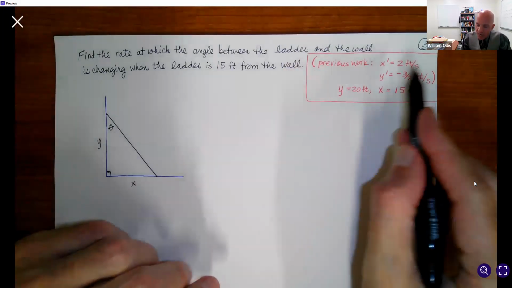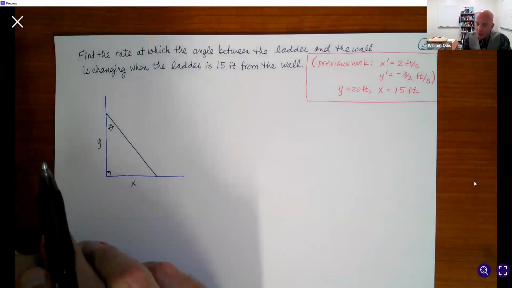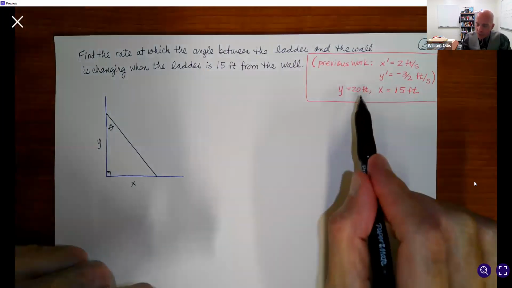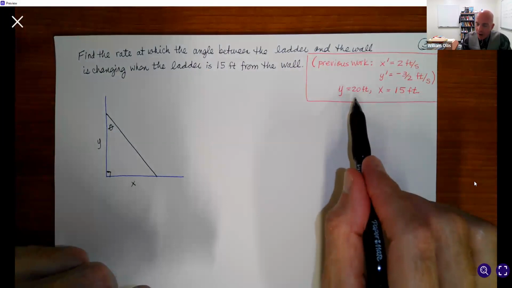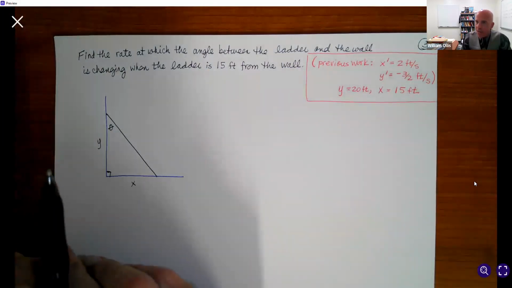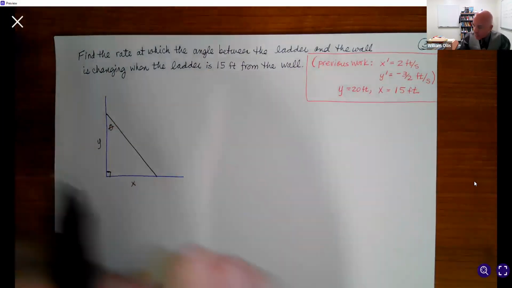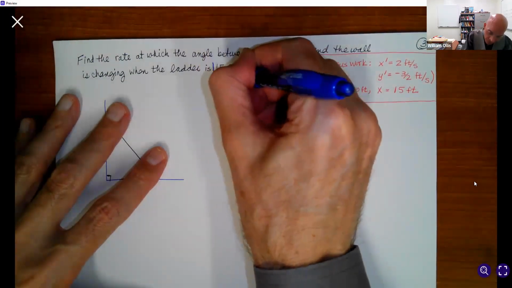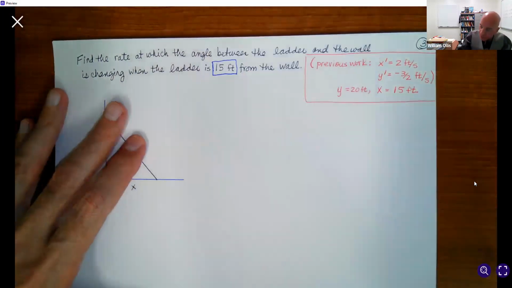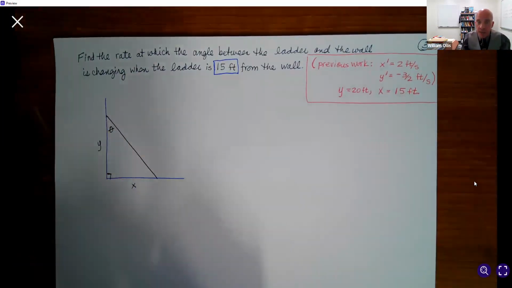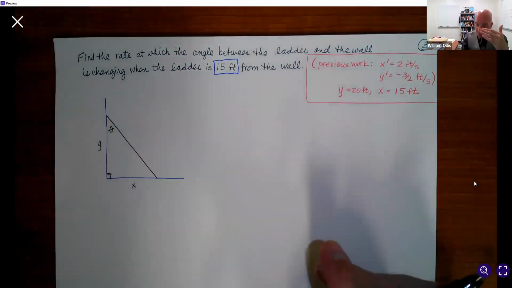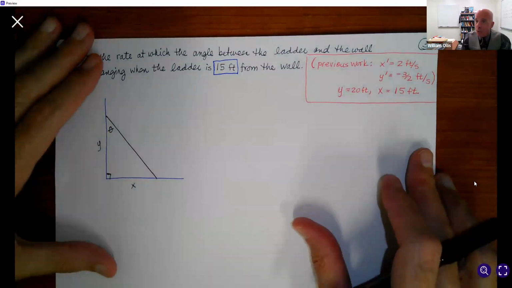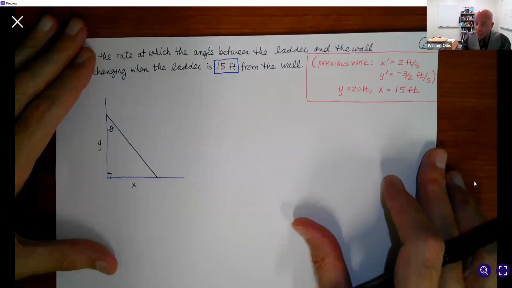We know x prime is given in the problem, but we don't have to compute a new value of y, and we don't have to compute a new value of y prime. So this is the key, that we have the same number here. So just remember that often it will be the case that the parts that follow later in the problem will be dependent upon the previous parts.